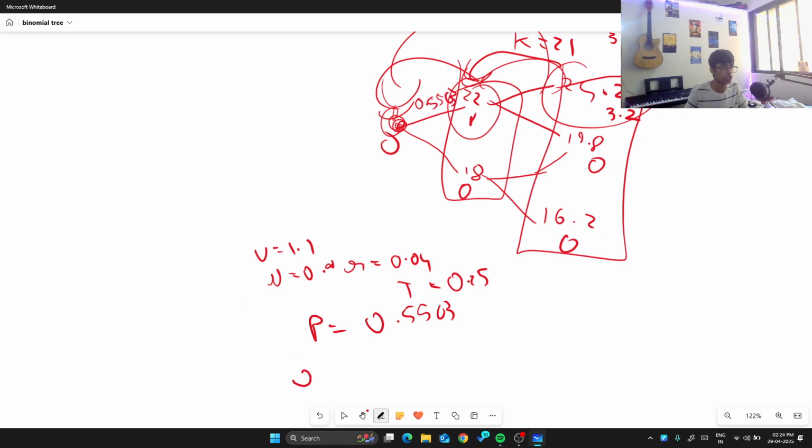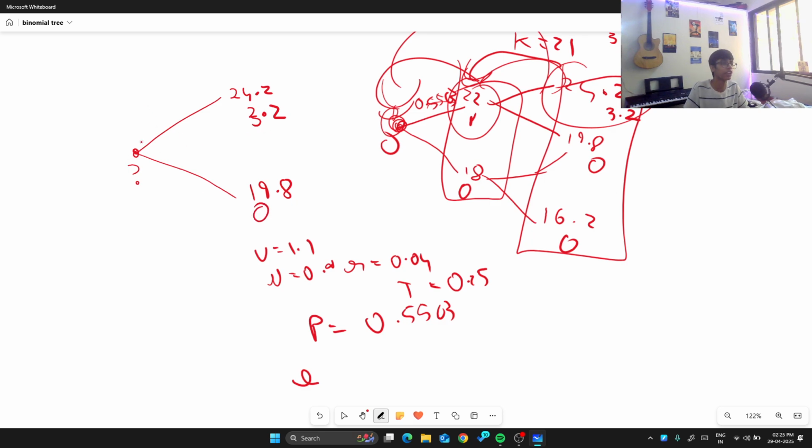We are finding this for B, so forget all this, just focus on B. We don't know this, but we know 24.2, so 3.2 would be the profit here, and here our profit would be 0.